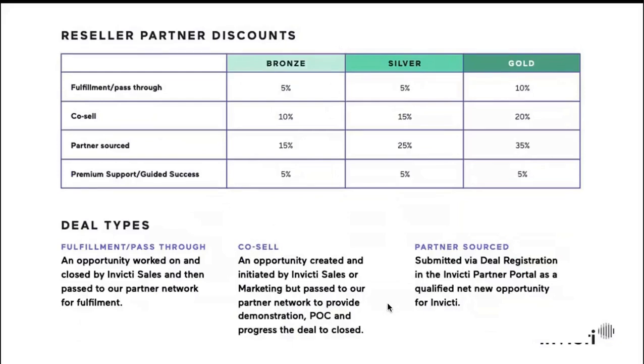So we also provide opportunities that come as leads through Invicti. We obviously have our marketing department, and they're really, really good and powerful when you get to speak to them. And because of who we are and our customers and where we are in Gartner, we obviously have a lot of inquiries. So we need to farm these out. We are 100% channel, so we need to farm these out to our partners.